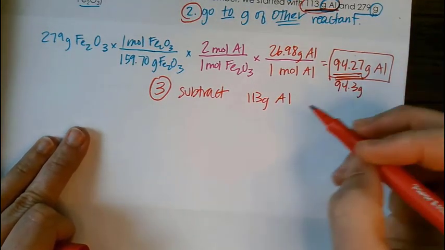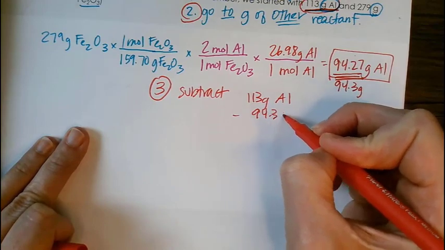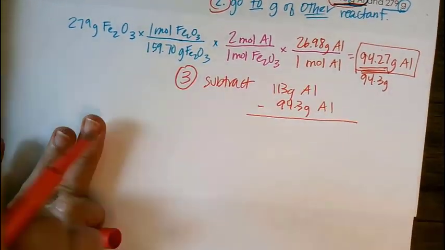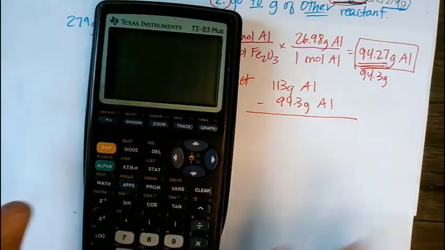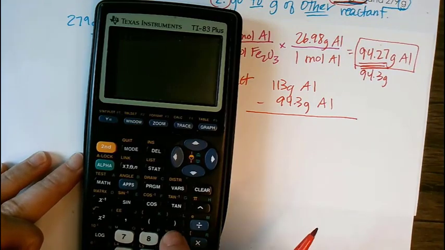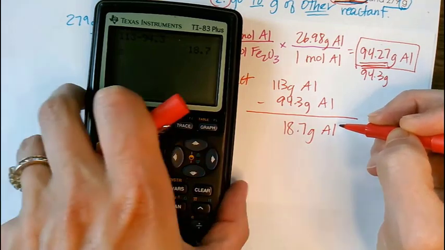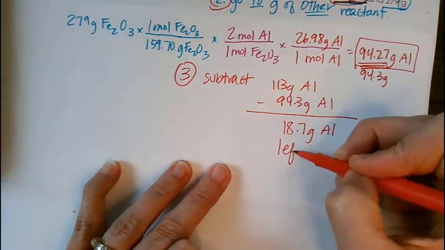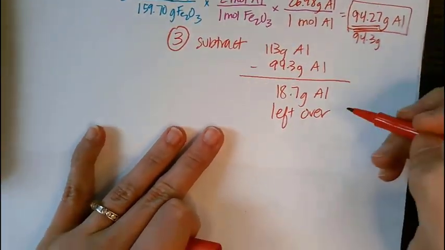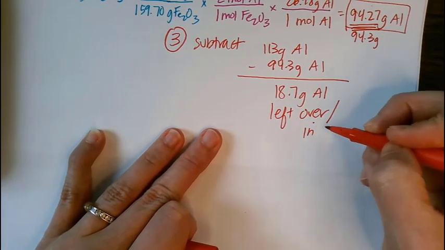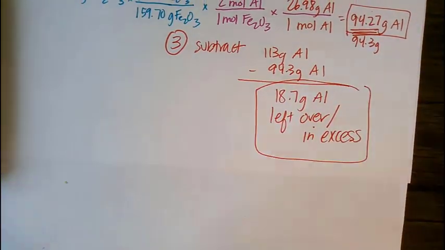We'll go to 3 sig figs here, so we'll round this to 94.3, minus 94.3 grams of aluminum. And when we do that, 113 minus 94.3, I get 18.7 grams of aluminum that is left over, or we can say in excess.